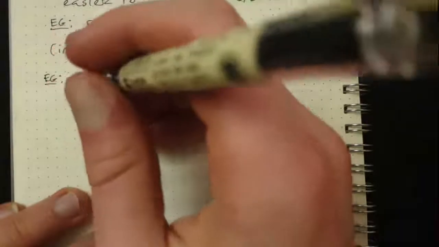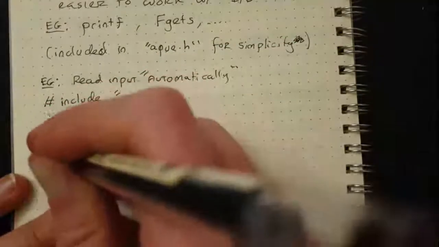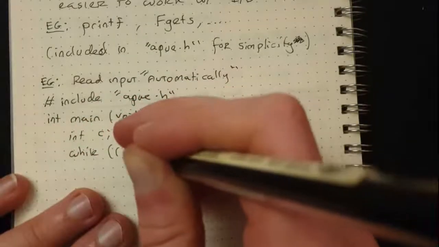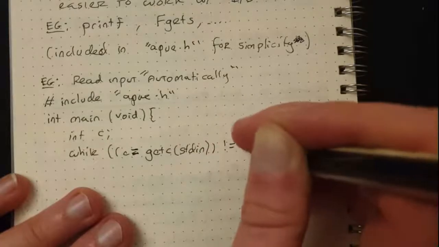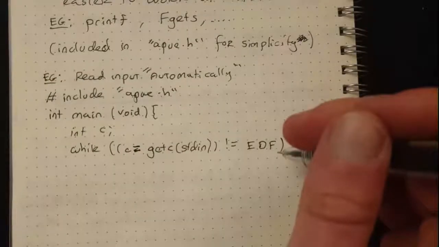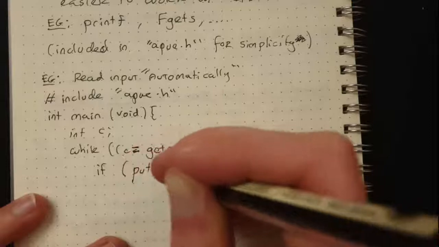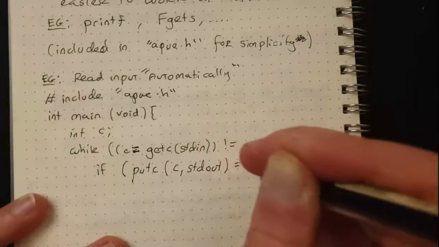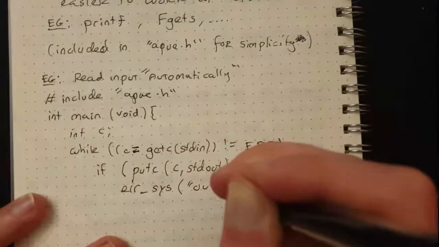So an implementation of this is: include apue.h, int main(void), int c, while ((c = getc(stdin)) != EOF), if (putc(c, stdout) == EOF), err_sys("output error").